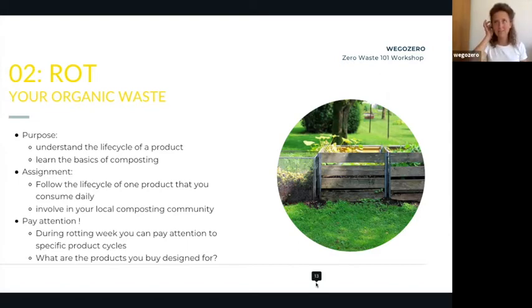And now you might ask yourself, she's talking about composting, but I'm living in a one-room apartment in the city of Athens, and how should I compost? How should I do that? It's pretty easy. There is a method called bokashi composting, and this is an old Japanese way of fermenting food waste. It's not smelly.